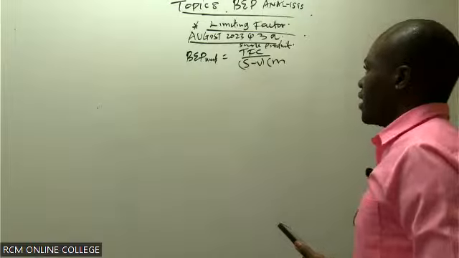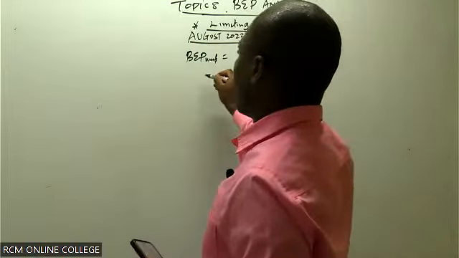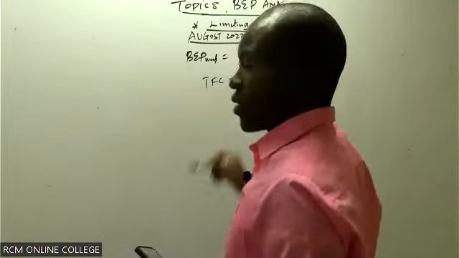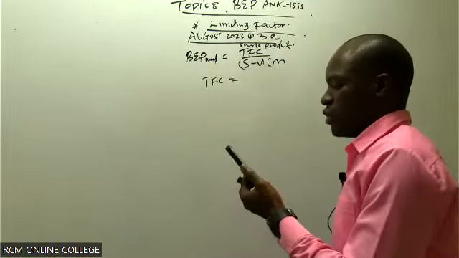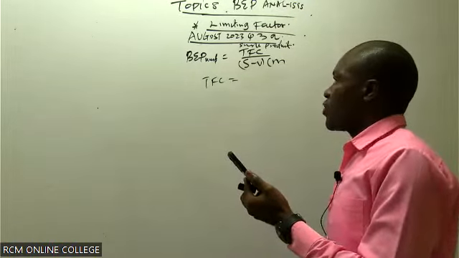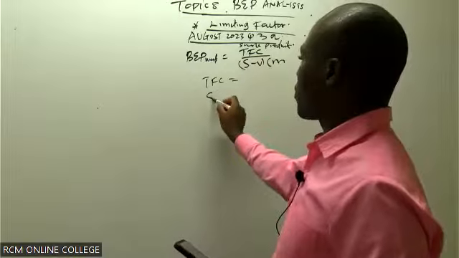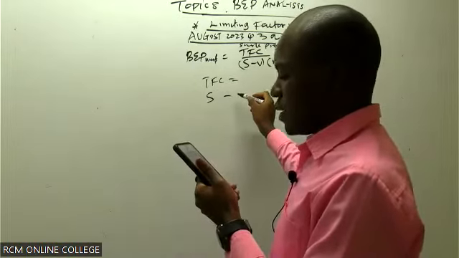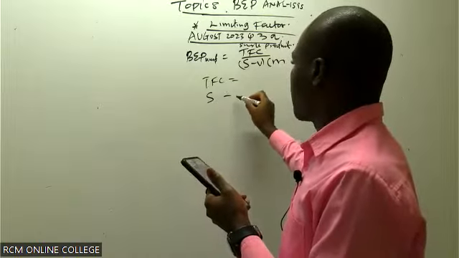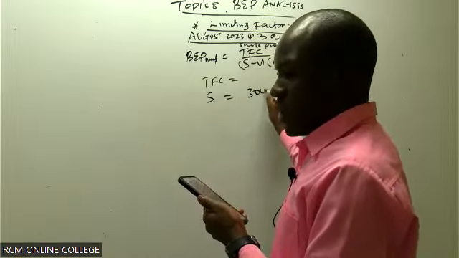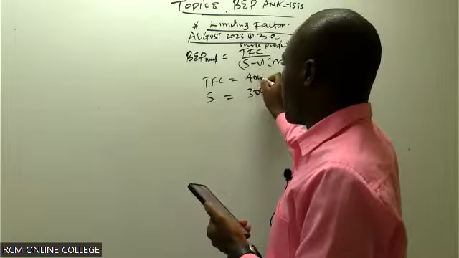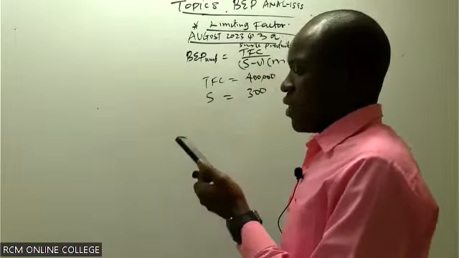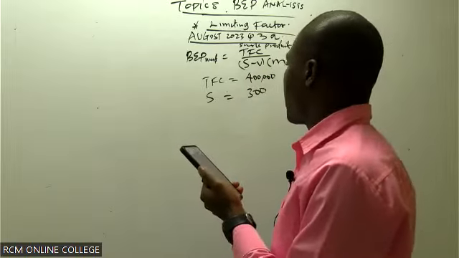Now, having done that, we should be able to identify this. Our total fixed cost should be equivalent to what figure? Our total fixed cost for the salon, we are dealing with the salon there as the only product or service they are offering, is equivalent to 400,000. Then we need variable costs.